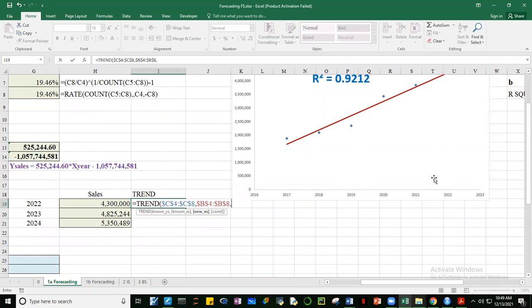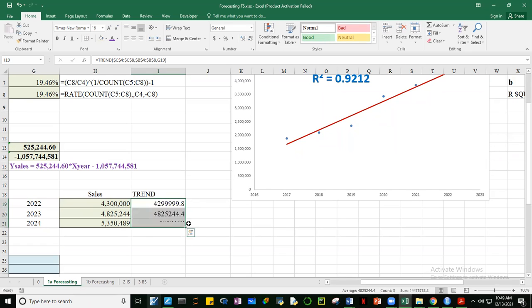New X is this one, the year 2022. Control Enter. That was easy. Known Y's are the sales, known X's, and then new X. Drag down, exactly the same, guys.